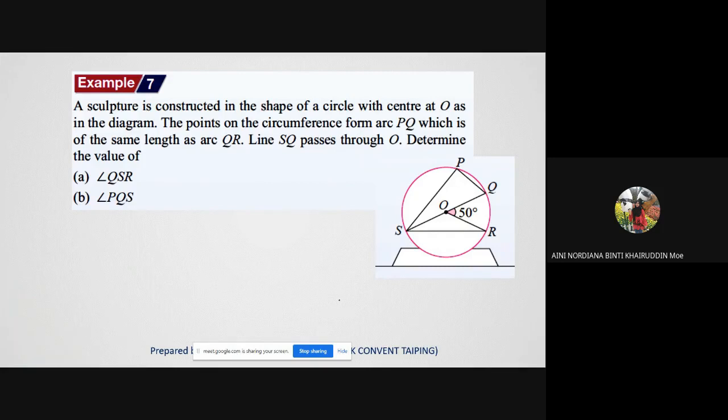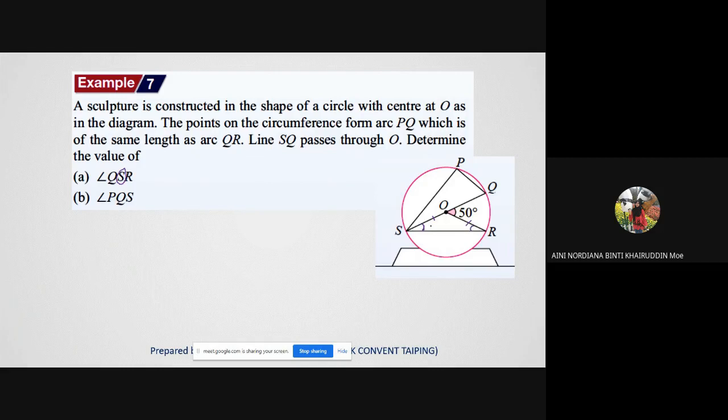Determine the value of angle QSR. So look at the diagram. QSR is here. So you need to use all that you have learned to solve this question. Since OS equals OR, because both are radii, the angle here equals the angle here.